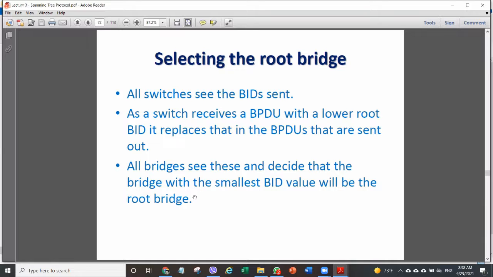Bridge ID comprises the bridge priority and the MAC address. Once the bridge priority value is the same for all the switches, then MAC address will be the only decision maker. So it says the lowest root bridge ID, then the lower the better.